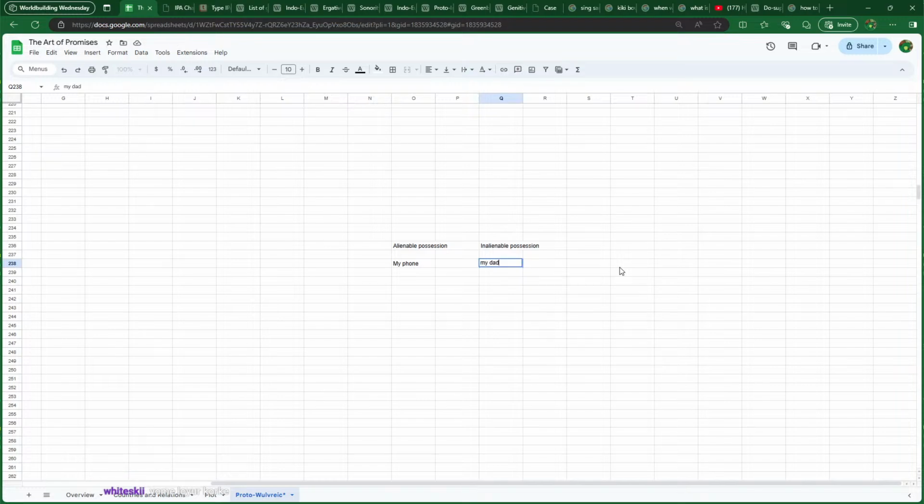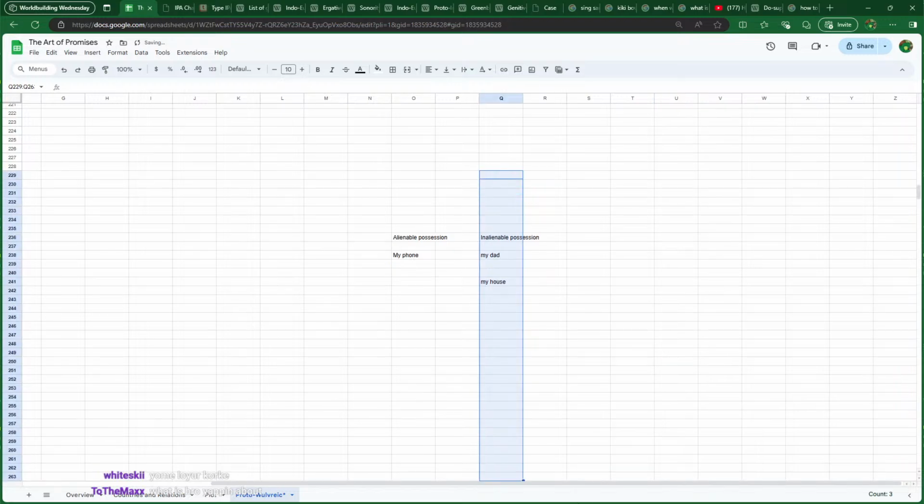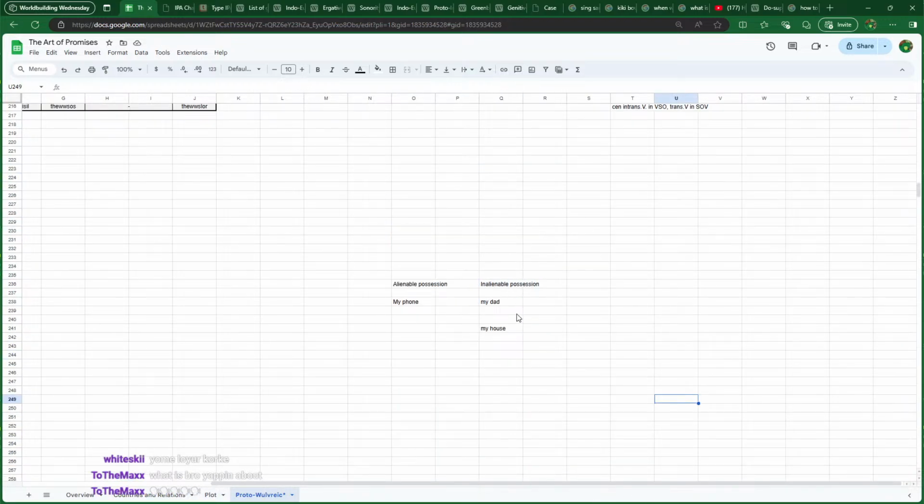So, my dad. I cannot just go down to the dad store and get a new dad. So when I say my house, I am talking about an inalienable possession, as in my relation to the house that I'm currently in, rather than my possession of the house specifically.